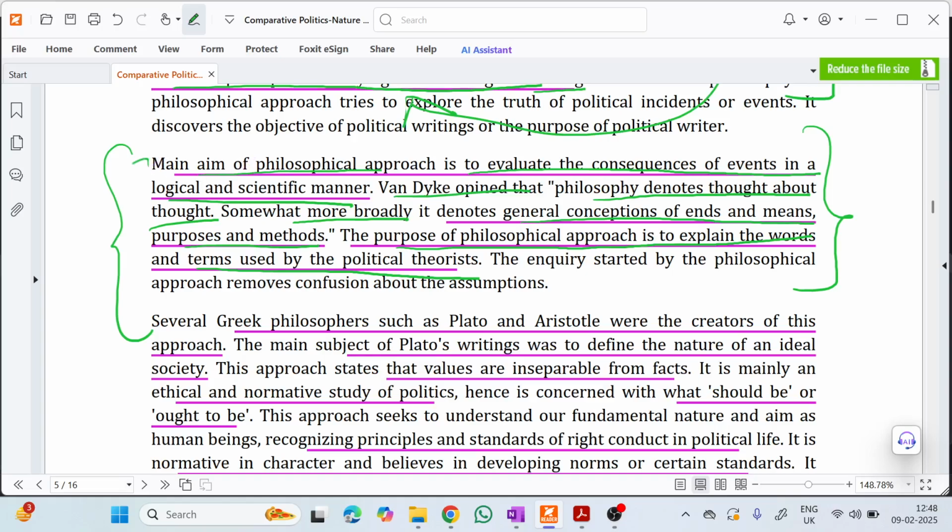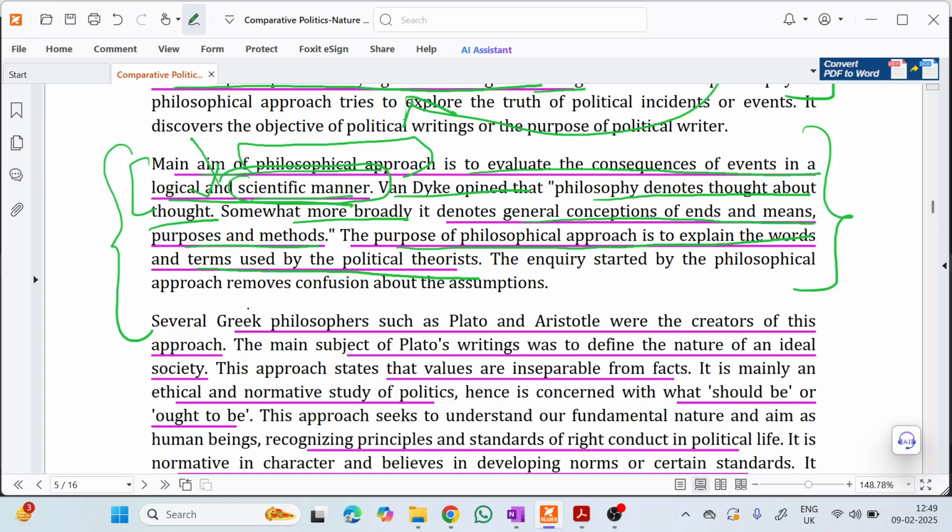So this first sentence says that the main objective of the philosophical approach was to scientifically study the political consequences, the political decisions, and political activities. In this particular way, it is not different from the modern approaches, because modern comparative politics also studies political activity in a scientific manner.